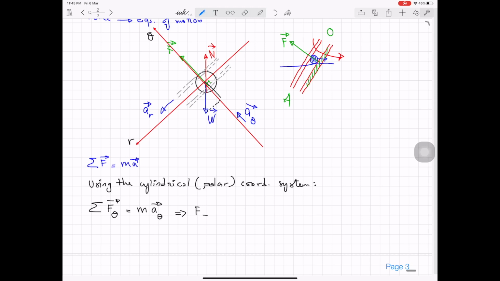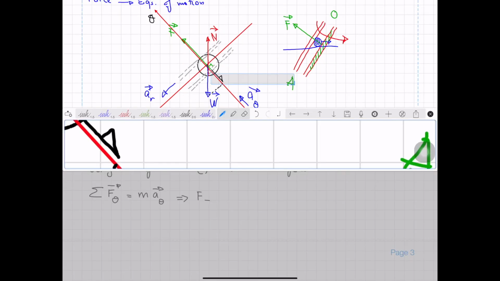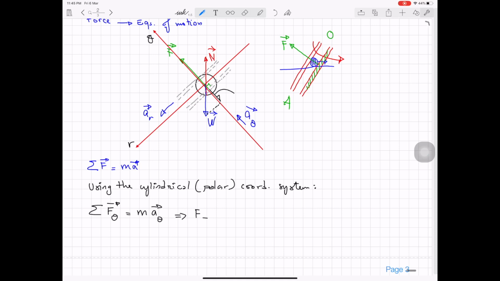This component of the weight is simply mg, and if this is angle theta, then this will also be theta.